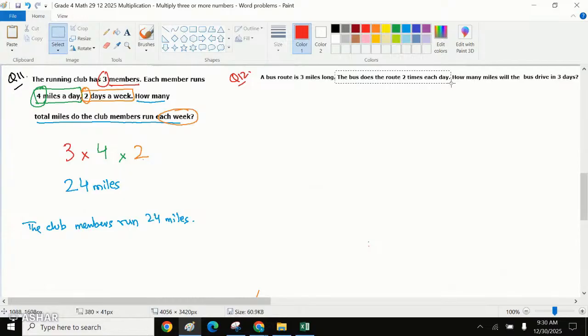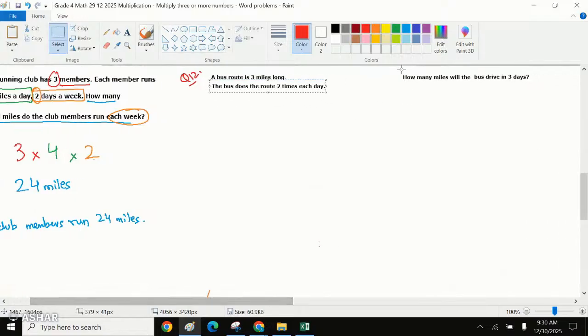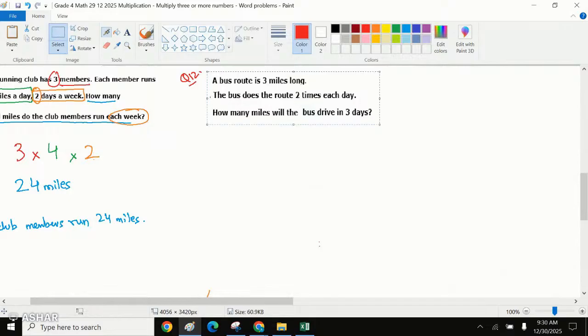The bus route is this. Let's rephrase. The bus route is 3 miles long. The bus does the route 2 times a day. That means it's doing twice a day. How many miles will the bus drive in 3 days?